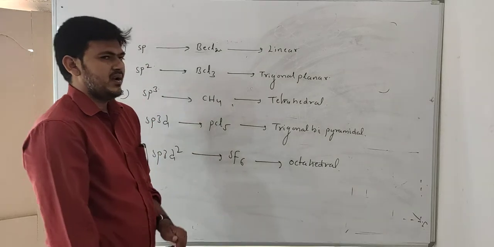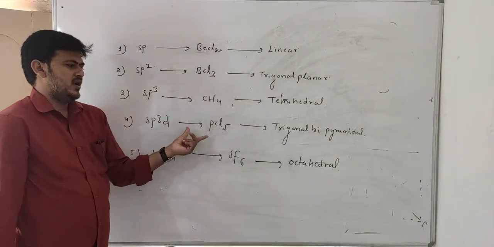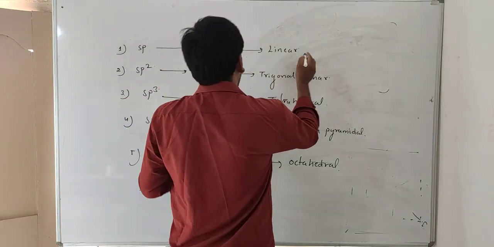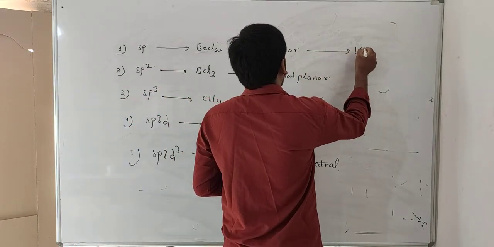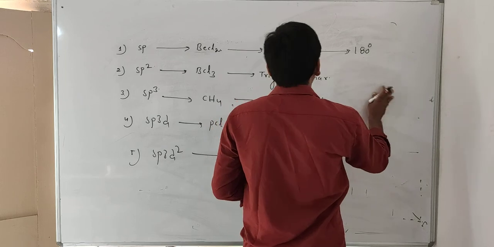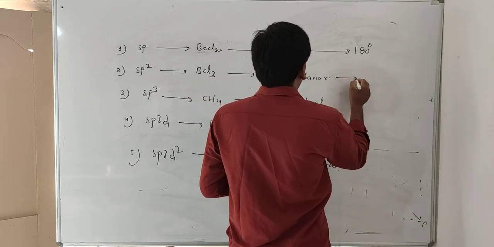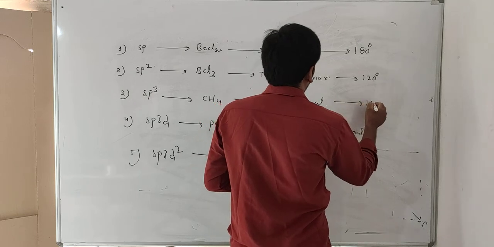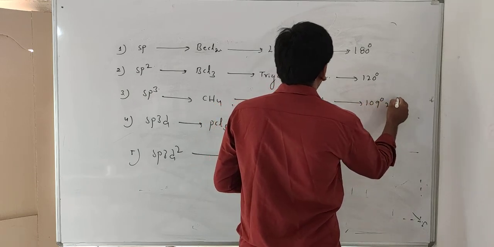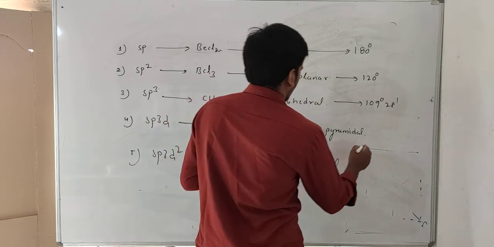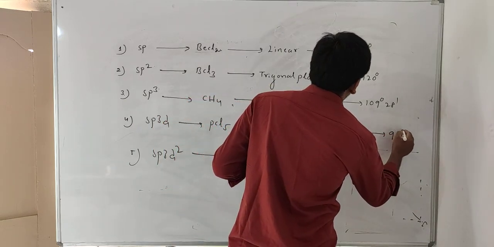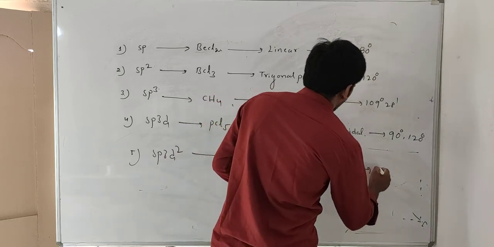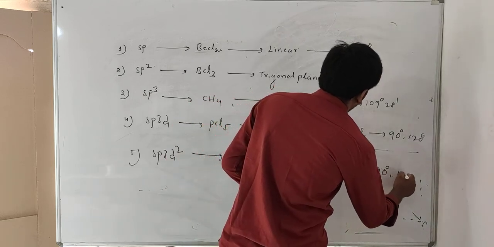So: linear, trigonal planar, tetrahedral, trigonal bipyramidal, octahedral. In sp hybridization, the bond angle is 180 degrees. In sp2, 120 degrees. In sp3, 109 degrees 28 minutes. In sp3d, bond angles are 90 degrees and 120 degrees. In sp3d2, bond angles are 90 degrees and 180 degrees.